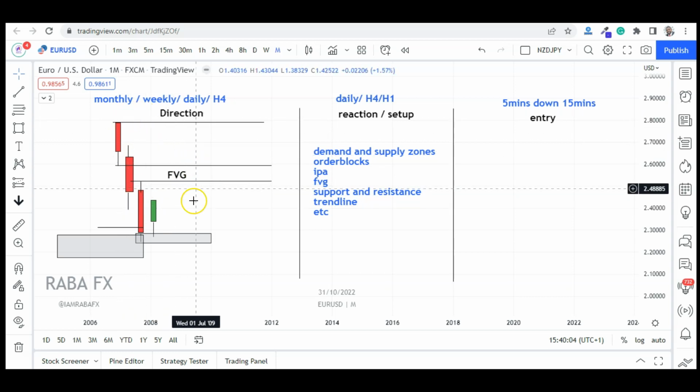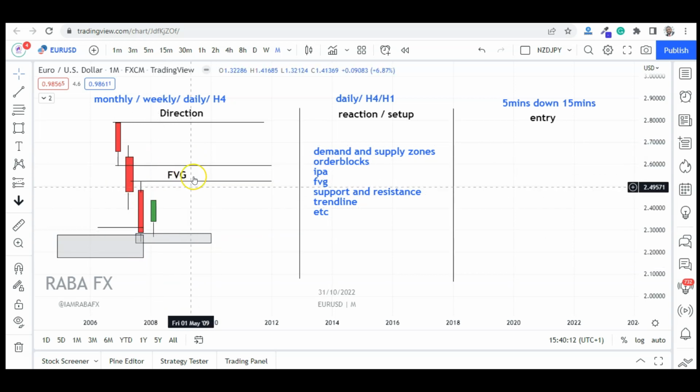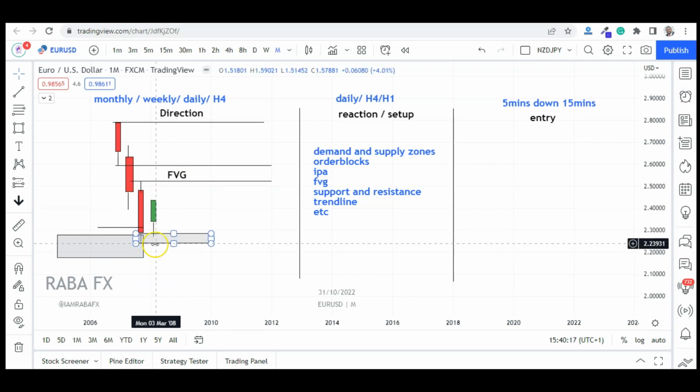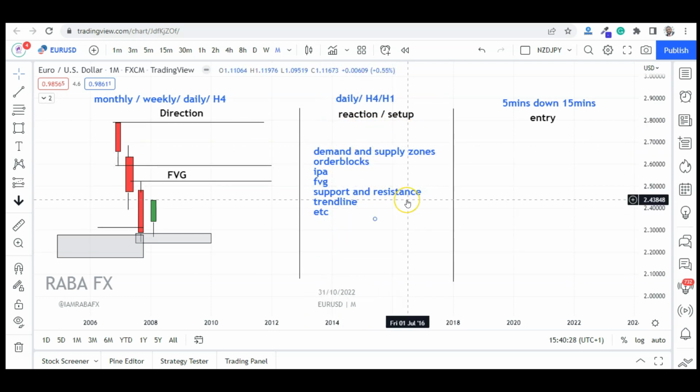So your higher time frame should tell you, in this case, my directional bias is what? Bullish. I'll be bullish upon the fact that this FVG is met. So for me to start hunting for a bullish move, I'll need to come to this time frame here, 1 hour, 4 hour, daily, whatever it is, to look for setups. Setups in the form of where are the unmitigated demand zones, where are the unmitigated order blocks, the IPA candle, the fair value gap, support and resistance, trend line, whatever way you trade, because I know a lot of people here also trade retail concepts.